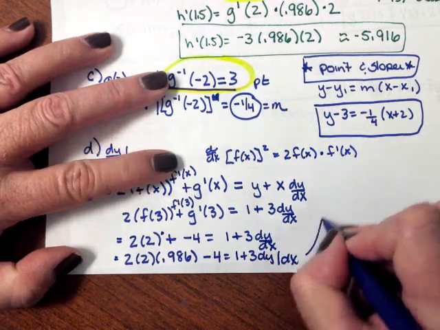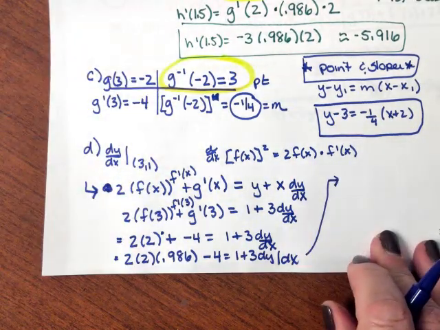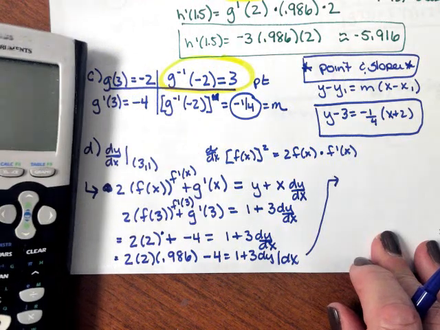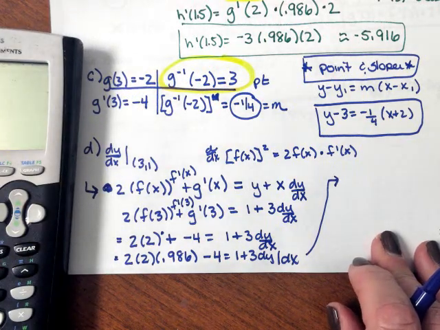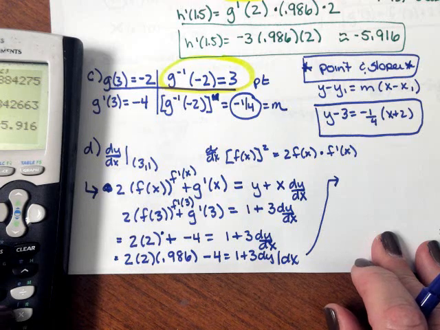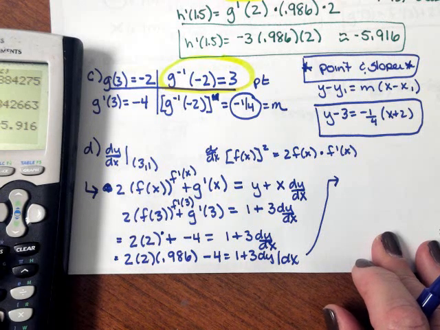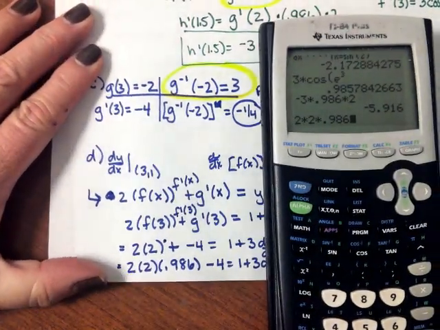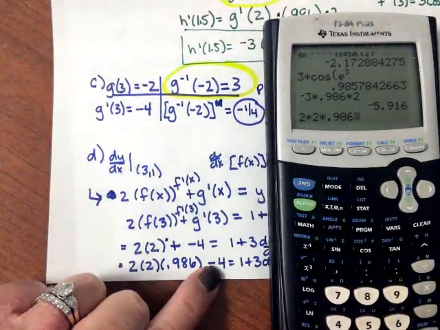So then when I multiply, because remember this is a calculator question, I'm going to have 2 times 2, which is 4, times that 0.986. And then I'm going to subtract 4.